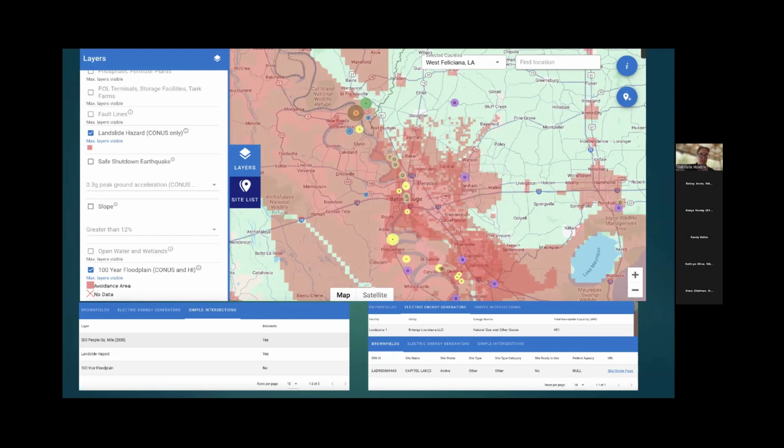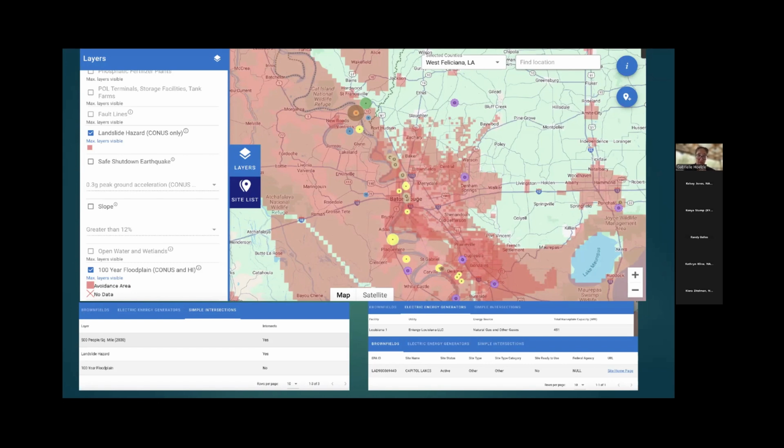On the left-hand side, we have all of the layers that you can view. So right now, you can click those on, and then it will show all of the different parameters. And if you click on the map, say you clicked on a point near Baton Rouge, the bottom section below the map, those little boxes with green or with blue tops show you what data would be at your click.